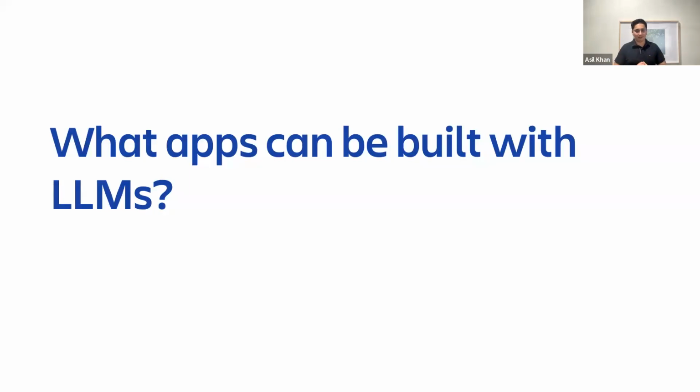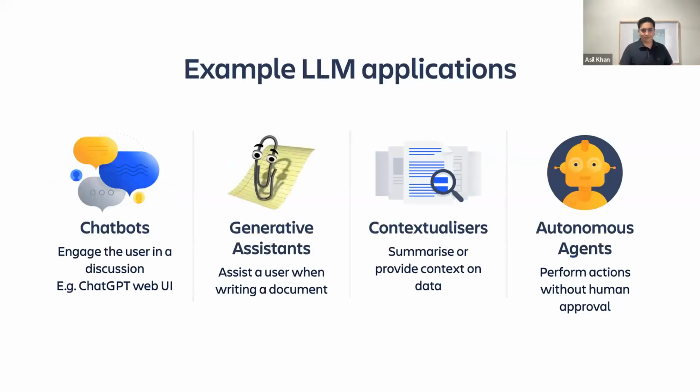What applications can be built with LLMs? There's a few examples that we've seen happen and that Atlassian itself is developing. They can be used in chatbot applications like ChatGPT or Bing Chat, which basically just engages the user in a discussion. They can be used as generative assistants, which will assist you when writing a document, like Clippy did back for us in Microsoft Word circa Windows XP.